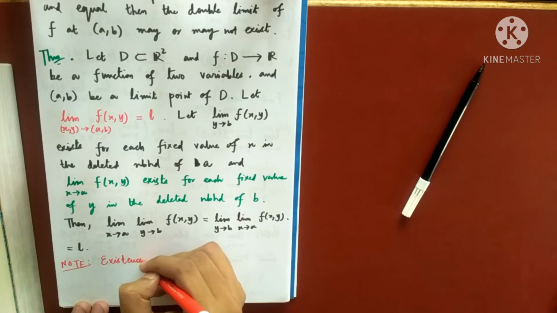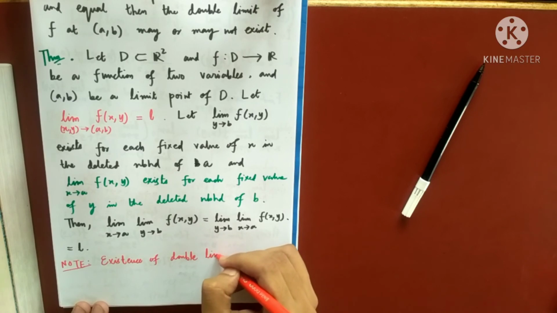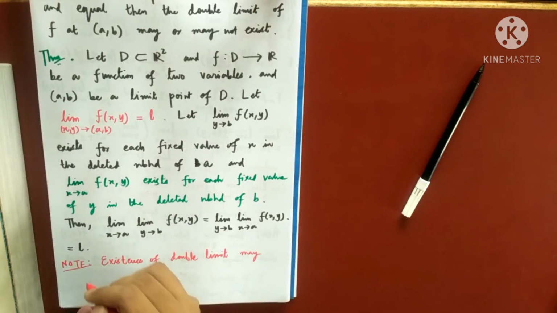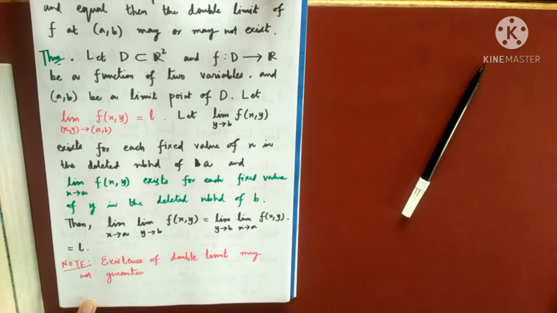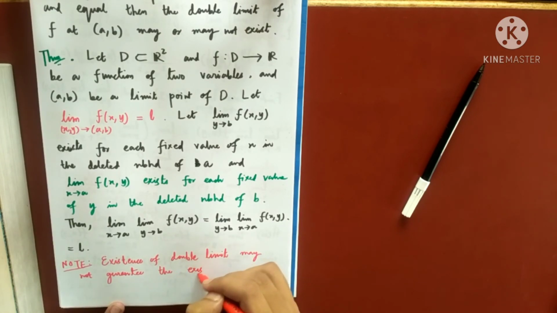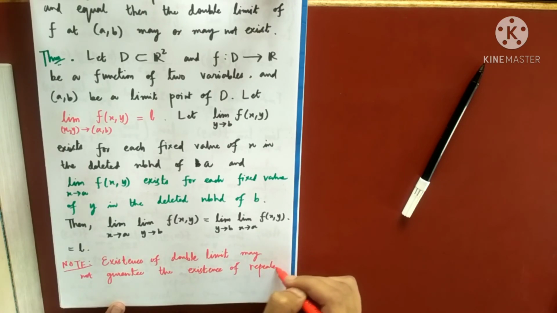Existence of double limit may not guarantee the existence of repeated limits. So keep that in mind.